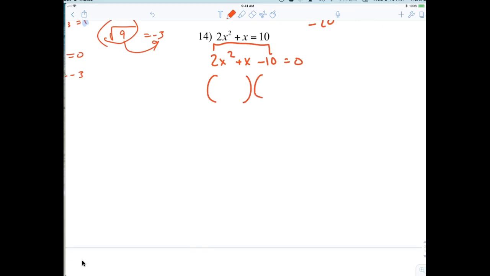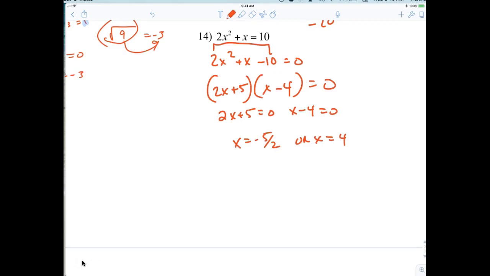So here we go, 2 sets of parentheses, 2x and x, plus 5 and minus 4. Very good. So 2x plus 5 equals 0, x minus 4 equals 0. So you should be able to say x equals negative 5 halves or x equals 4. Everybody good?